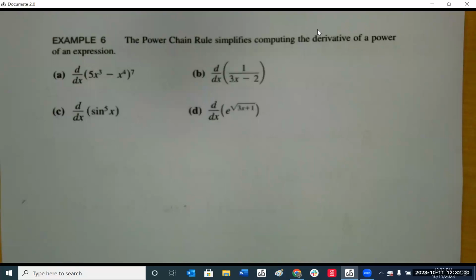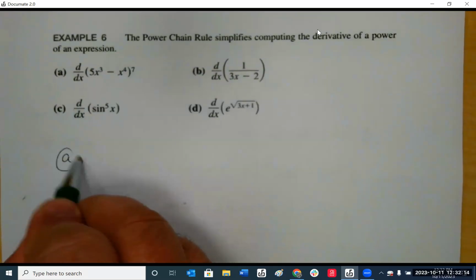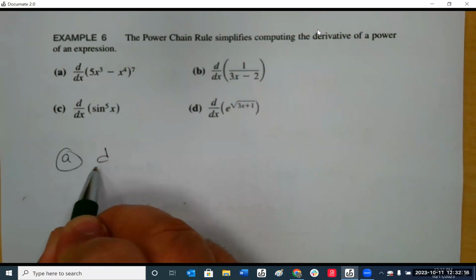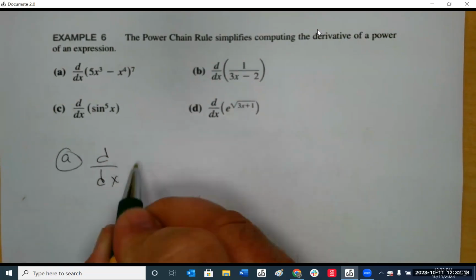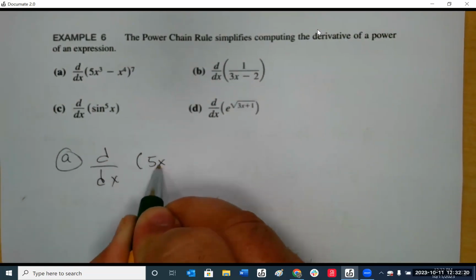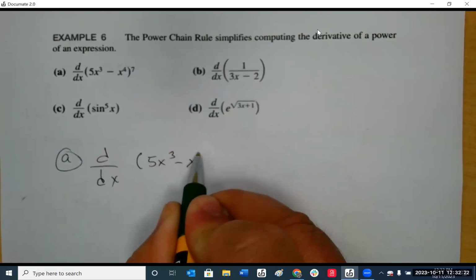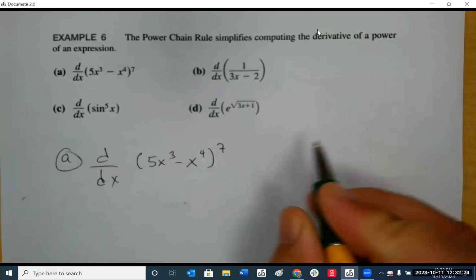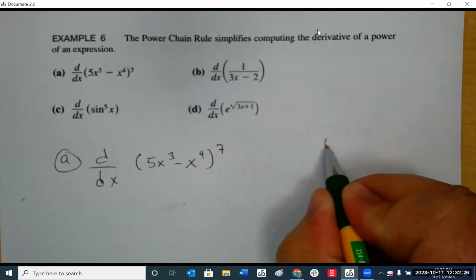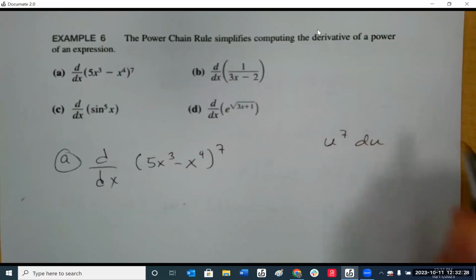How do you think I would do it? You have 7 in front of the 5x cubed minus x to the 4th, to the power of 6. Basically what you have here is u to the 7th times du.